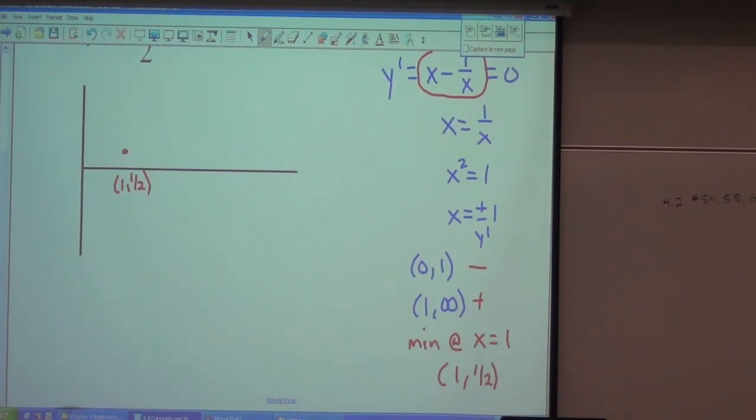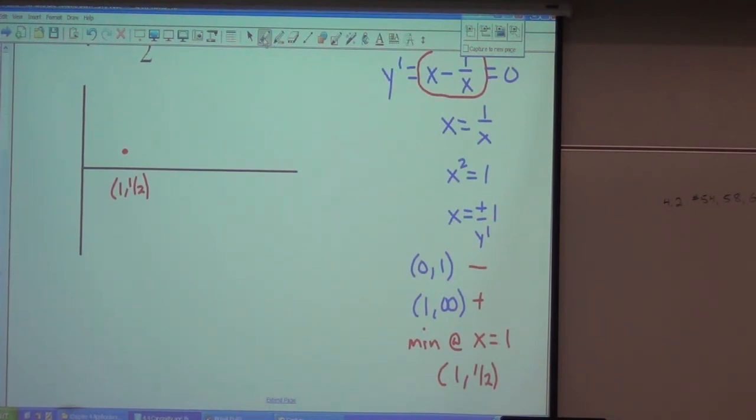Now, if that's a minimum from this second derivative test, I know this has also got to be concave up right there. I'm going to wait to sketch that. I'm thinking to myself, this is concave up. It's probably going to go up like this, asymptote like that and do something.